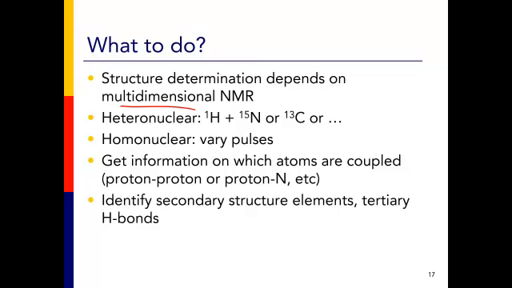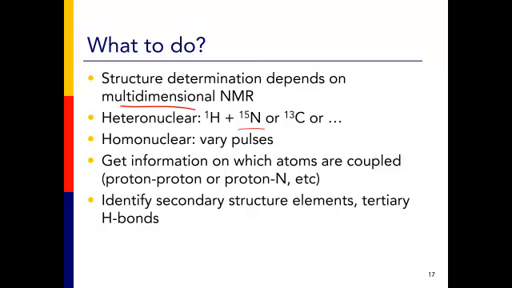Or nitrogens. So where are the nitrogens in a protein? Well, all the amide nitrogens. But then you have nitrogens on lysines and arginines and glutamines and asparagines, but not on every amino acid. So the challenge for proteins is, you have all these signals, and you have to identify which amino acid they came from and which functional part of the amino acid. Identifying signals is a big challenge.